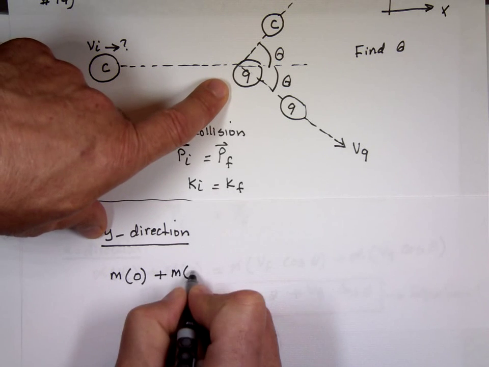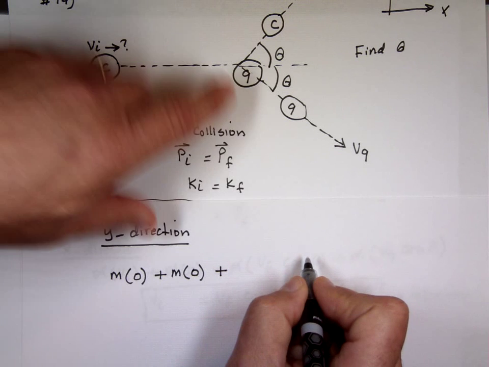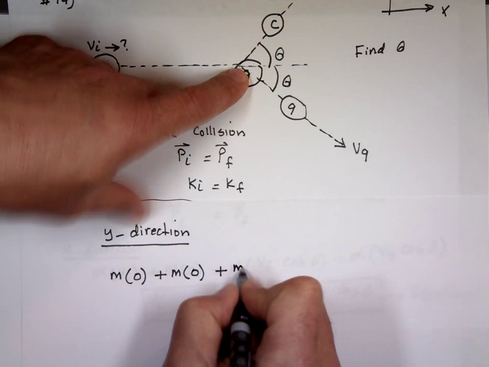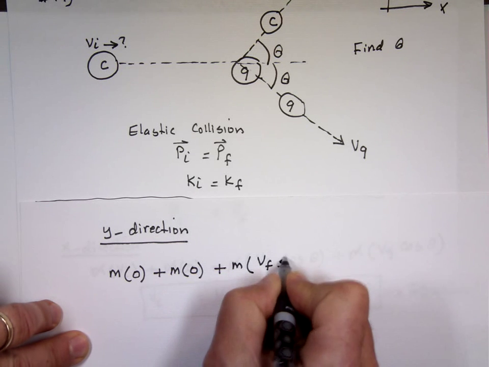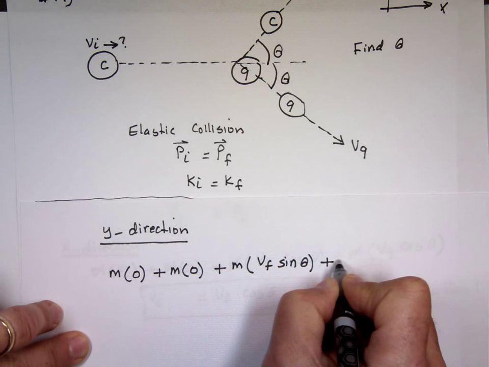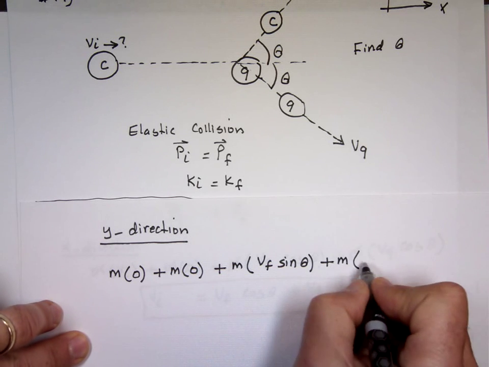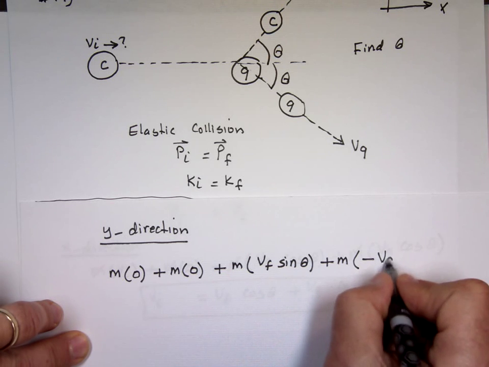That's also 0. This has a mass m, the q, times the velocity of vf sine theta. And the 9 ball, the velocity is negative because in the y direction it's coming down, v9 sine theta.